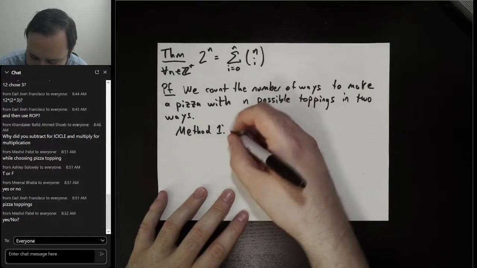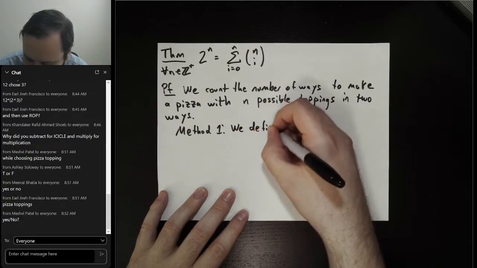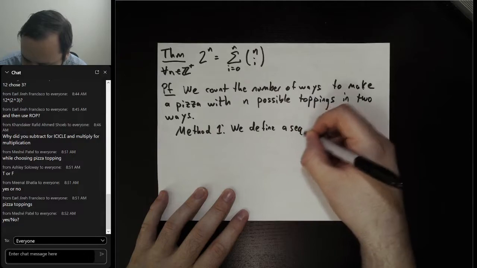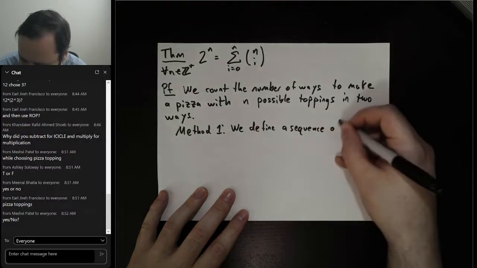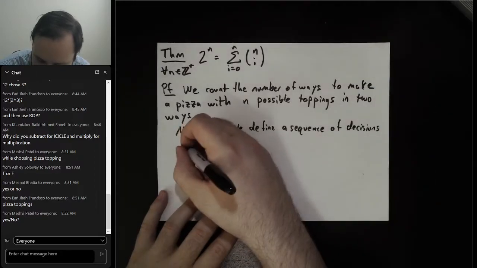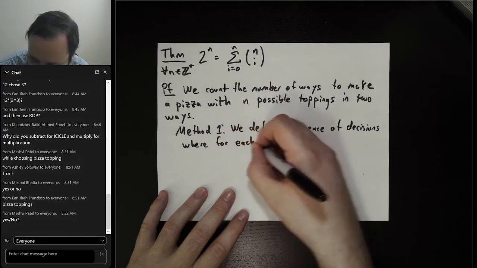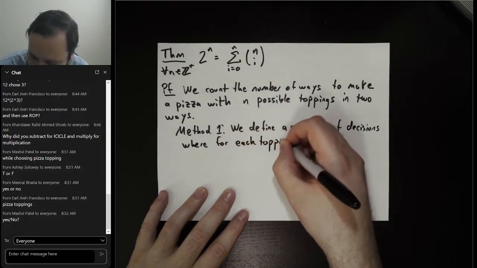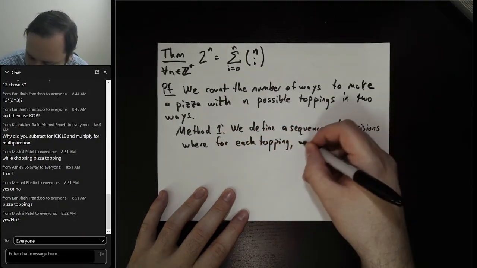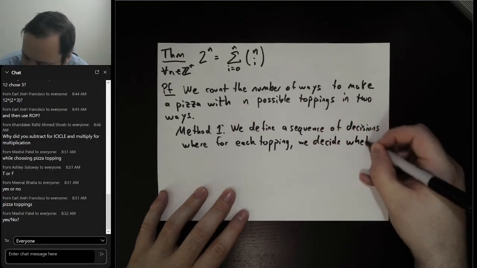So we define a sequence of decisions where for each topping, we decide whether to put it on the pizza or not.